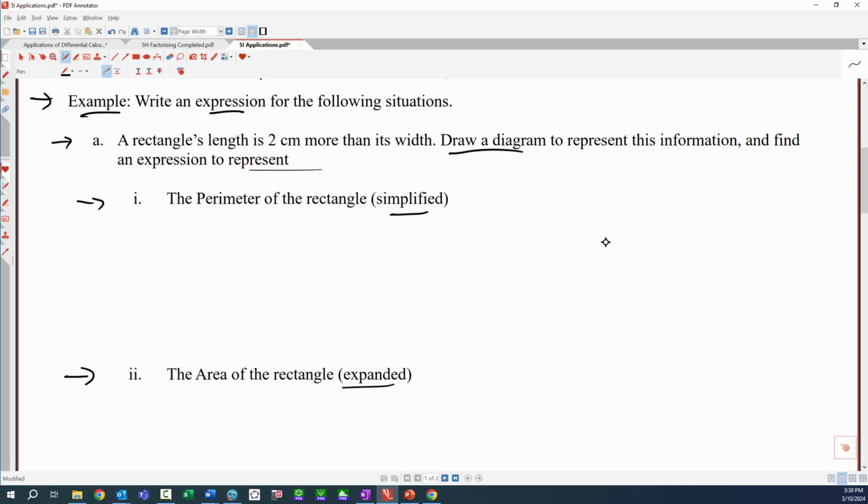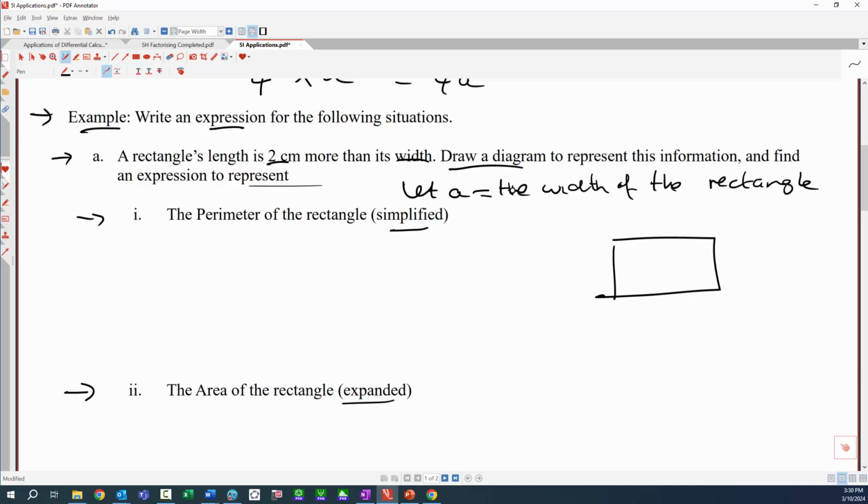So draw a diagram. We're going to draw a rectangle, and the length is 2 centimeters more than its width. The width is what the length is based on, and we don't know what the width is. So we're going to say let A equal the width of the rectangle.